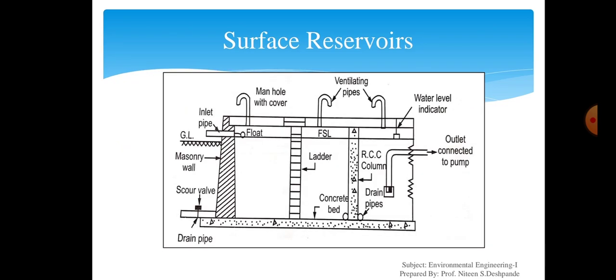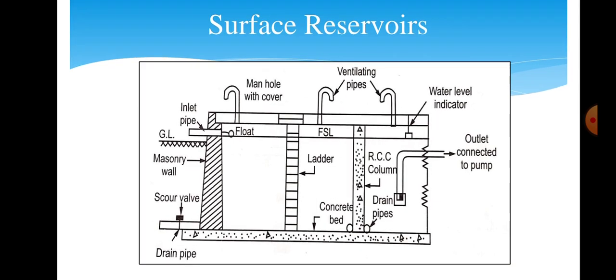Okay. So this is the particular diagram of the surface reservoirs. Here we can see the various parts of the surface reservoirs, such as manhole with the cover, then inlet pipe, outlet pipe which is ultimately connected to the pump to distribute or supply the water. Then water level indicator is there.